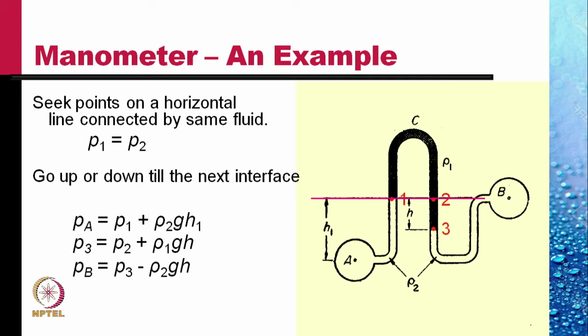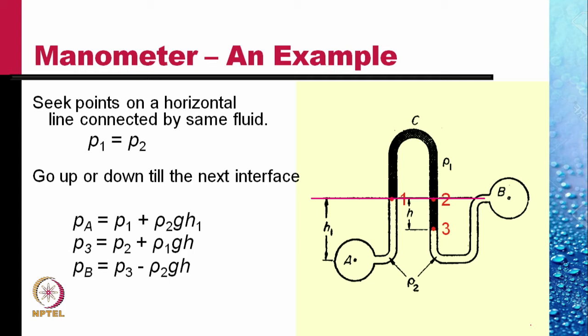Similarly, P3, which is below P2, is equal to P2 plus rho 1 gh, where h is the height of column 3 to 2 and rho 1 is the density of the fluid there. Similarly, PB is equal to P3 minus rho 2 gh, since B is higher than point 3, so the pressure is lower.